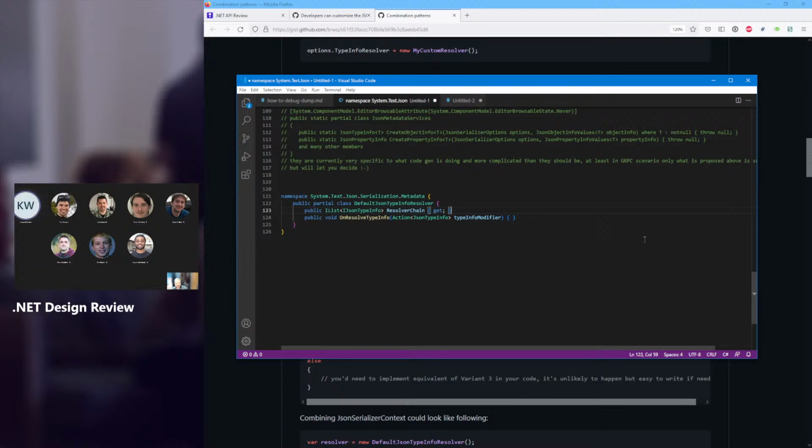It's not a fallback. It's the reverse fallback, so it would be consulted ahead of calling the default resolver. Okay. I mean, you could always have a static combine method if you had two different resolvers that you wanted to put together. Yep. And don't get me wrong, variant three can always be added later. It's an extension method, it will work.